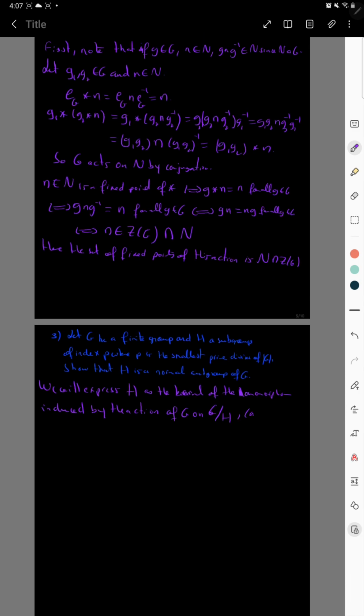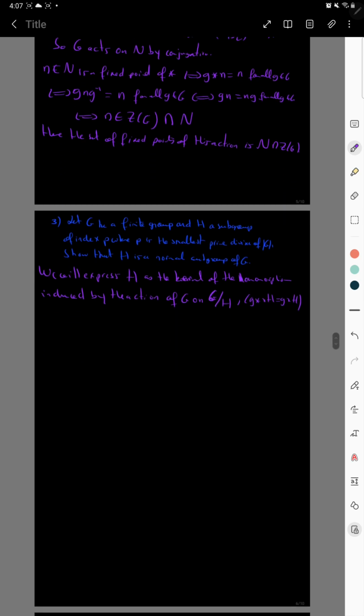So what is the action? This is just g ⋆ xH is equal to gxH, the regular action of G on the set of left cosets. Here G mod H is a set of left cosets. It's not necessary that H is normal. Okay, great. Now, what do we do here? We can use the result immediately.